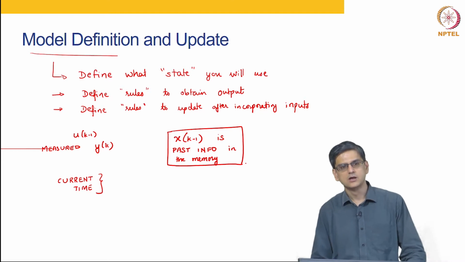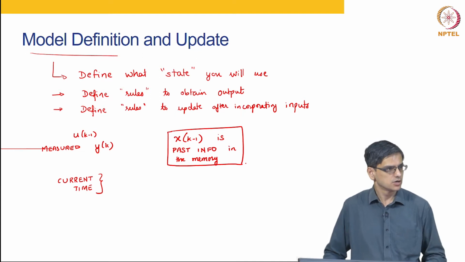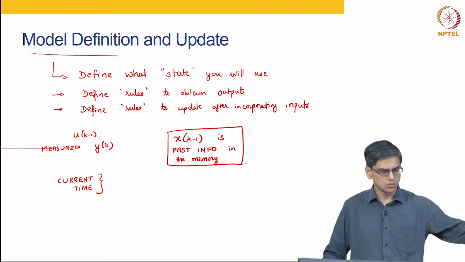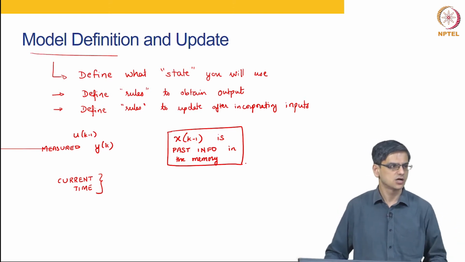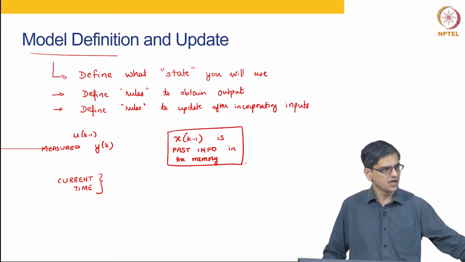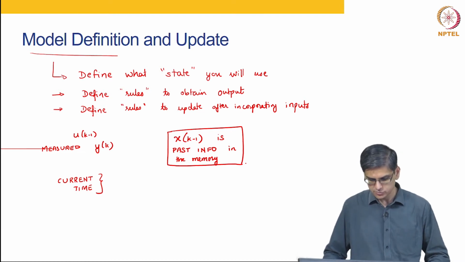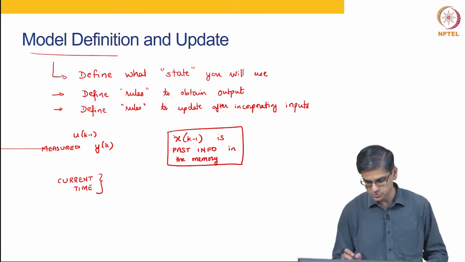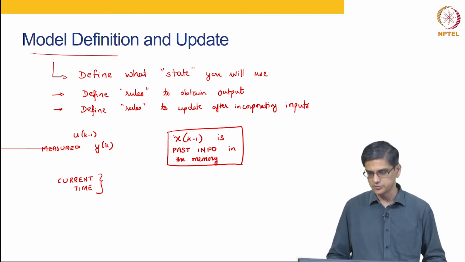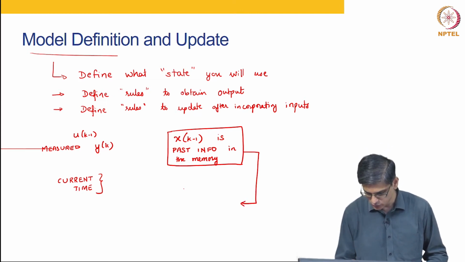So, what we need to do now in order to go to the next step is, let us say somehow through a control calculation or because an operator has changed the valve, we have uk. We have our uk minus 1, we have our xk minus 1, and we want to figure out what our model prediction for yk is going to be.